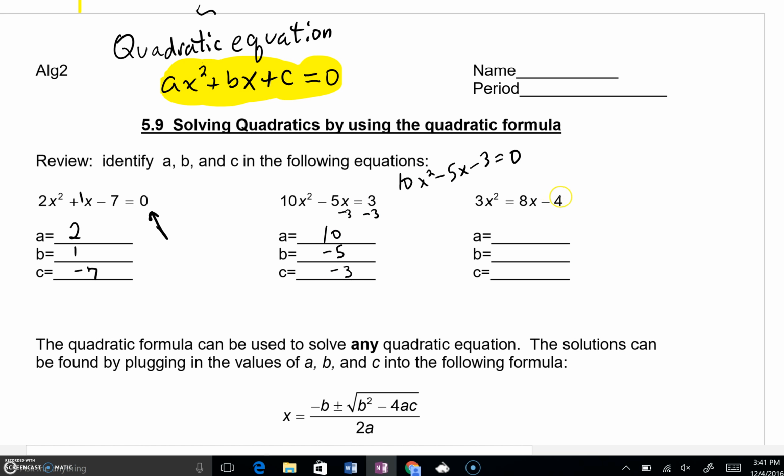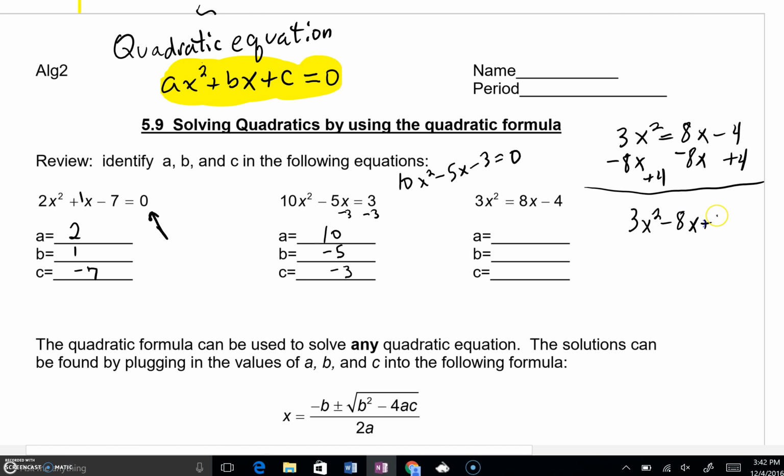For our last little identification of a, b, and c here, we're going to have to do quite a bit of work. If I gave you 3x squared equals 8x minus 4, you can see that we'd have to subtract 8x from both sides. Simultaneously, we'll have to add a 4 to both sides. That's going to leave us with 3x squared minus 8x plus 4.